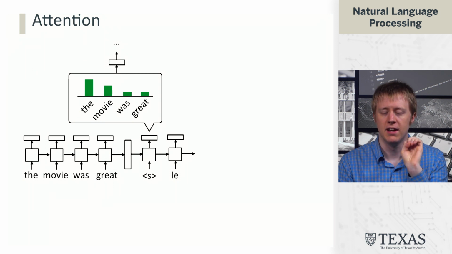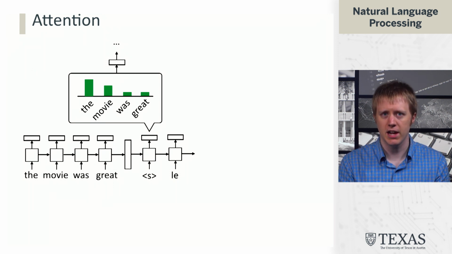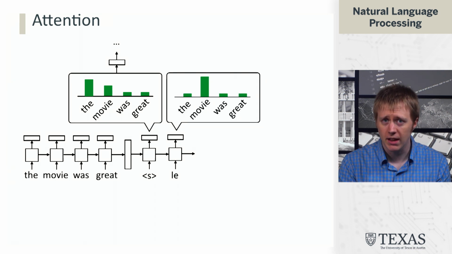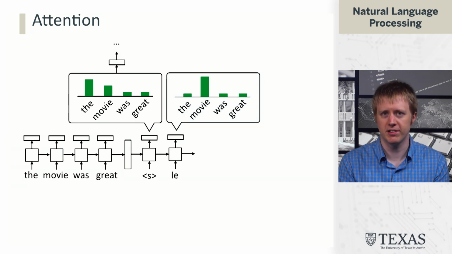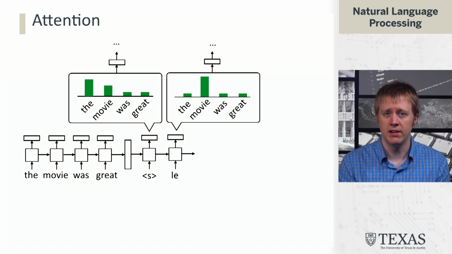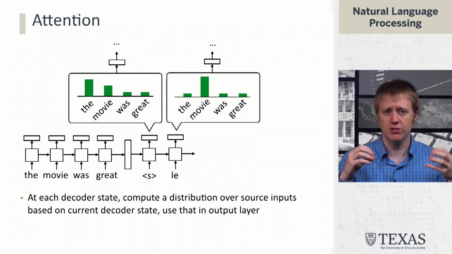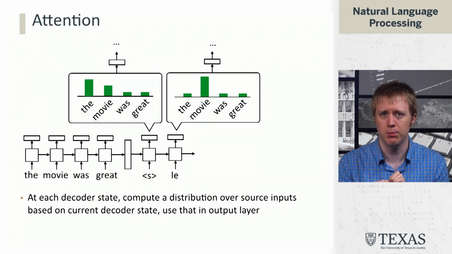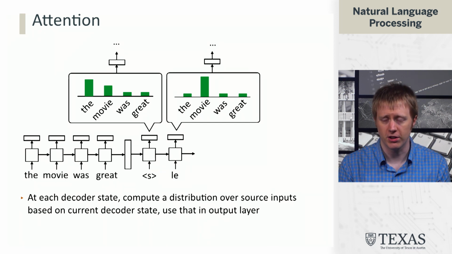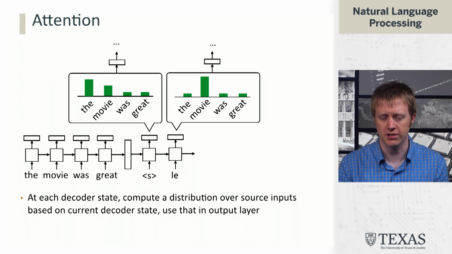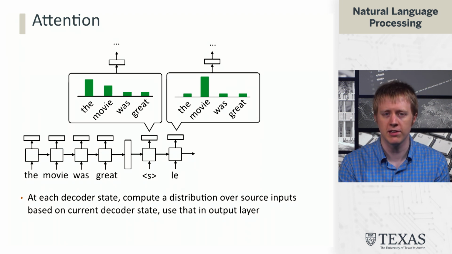And we're going to look at the embeddings at that location and use them to help make our decision. And then ideally, the model should move its soft pointer over to movie and then predict the right word there. And so at each decoder state, predicting this distribution is going to allow us to look back at the input much more directly. It's going to achieve the same idea as this aligned inputs model, and it's going to do this in a smart way based on the current decoder state. So we don't need to hard code in a rigid assumption here, but it's going to flexibly learn how to do this, and this is going to greatly upgrade the power and flexibility of our model. That's the end of this segment.